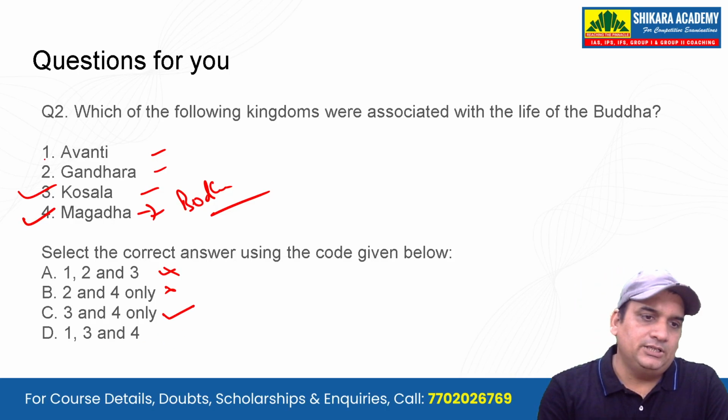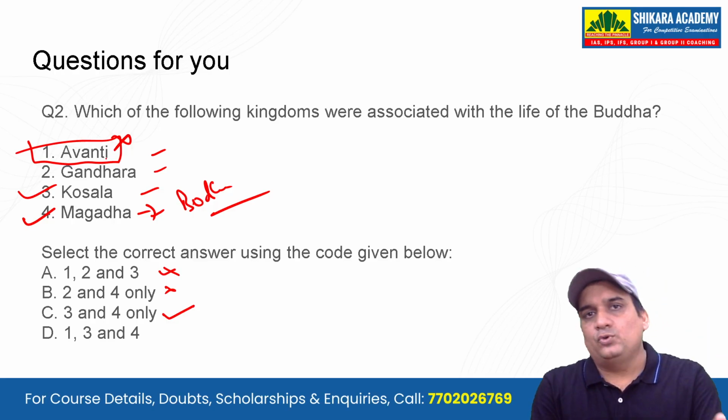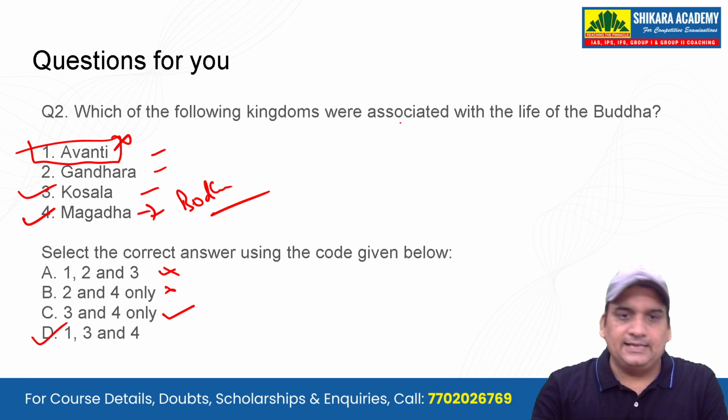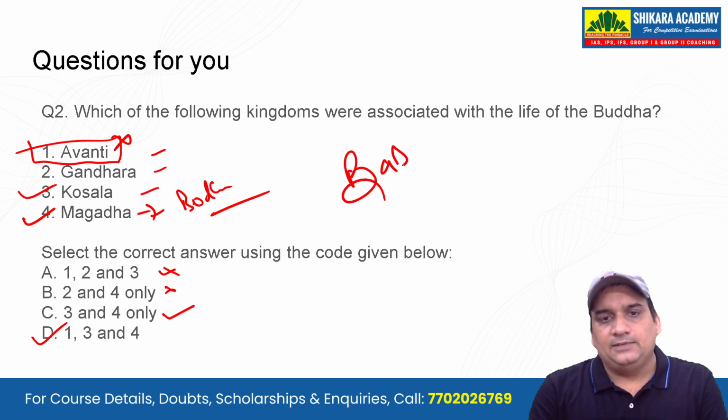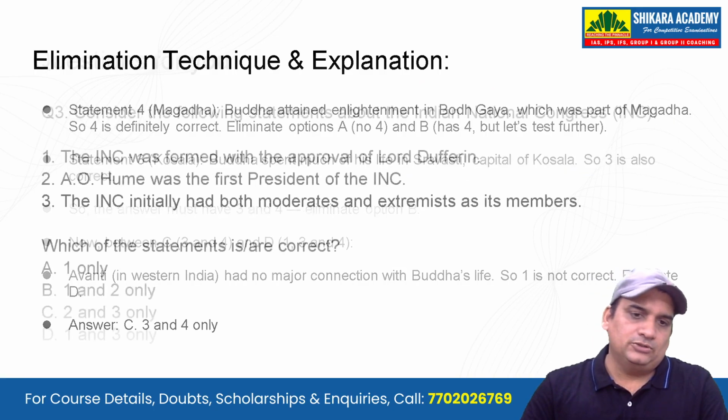But Avanti, you never find the reference of Avanti. Okay, so you have to cross out 1. So here what you need to know is 1, and you also need to know about 3 and 4. Again, in the elimination method, if you have basic prior knowledge, then only you are going to succeed, or else you are not going to succeed in it.